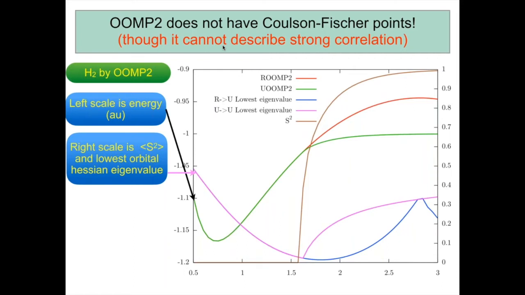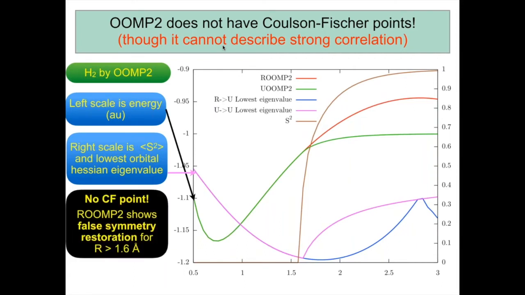These become different minima instead of an unstable solution that splits apart. So that means there is a little kink in the energy curve, because the restricted and the unrestricted regimes don't join smoothly. So there is no Coulson-Fischer point for MP2.